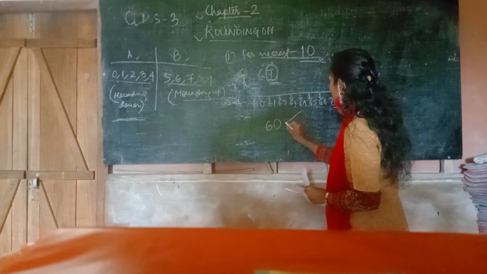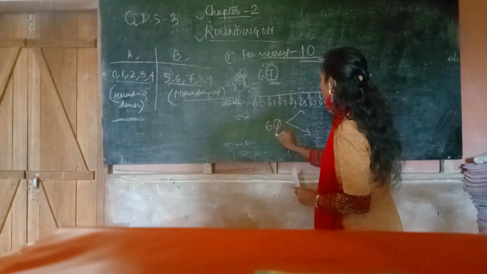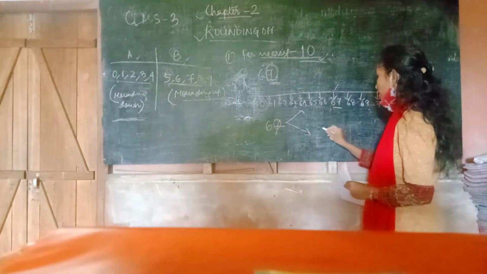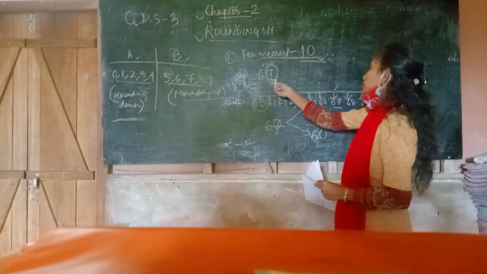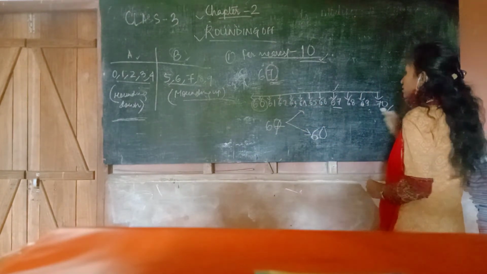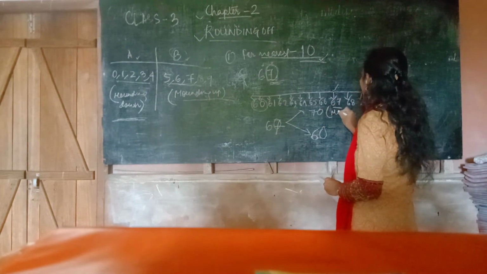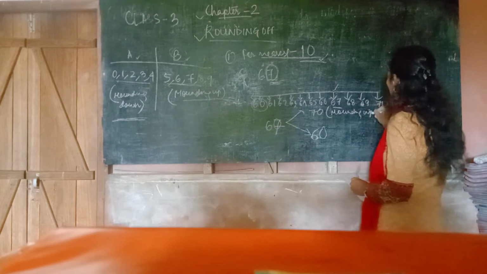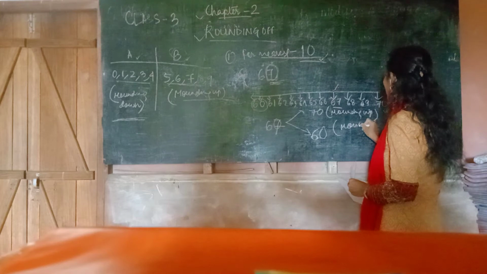So the lowest number for 67 is how much? 60. And the greatest number for 67 is how much? 70. So 70 will be rounding up and 60 will be rounding down.